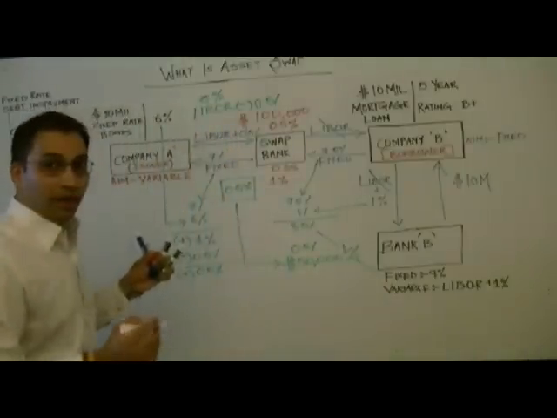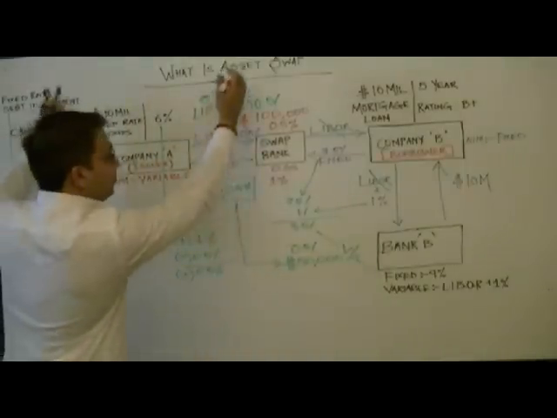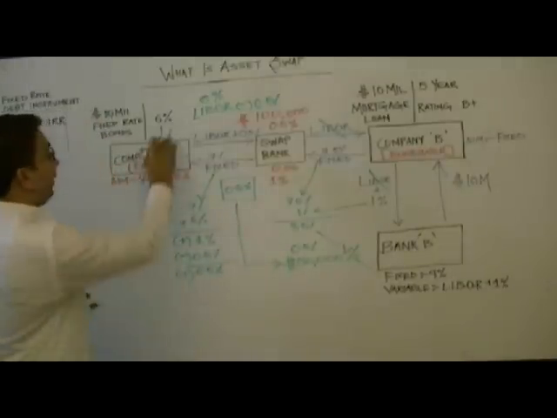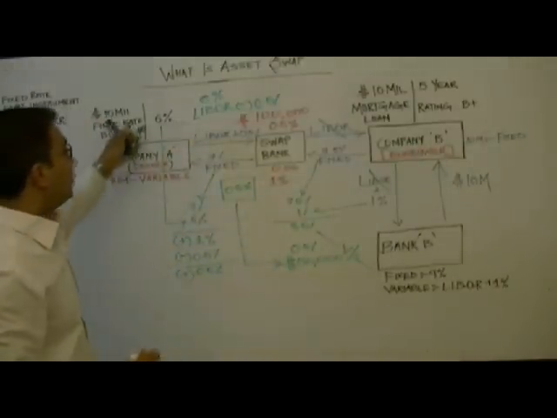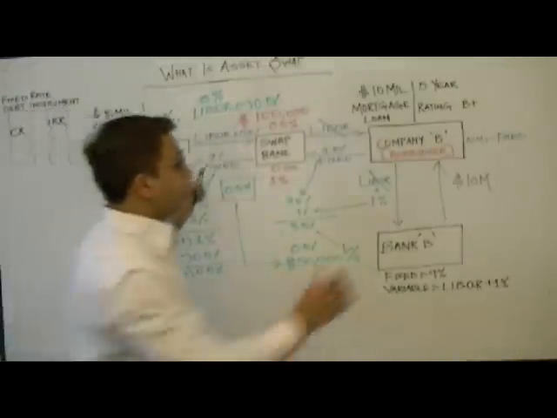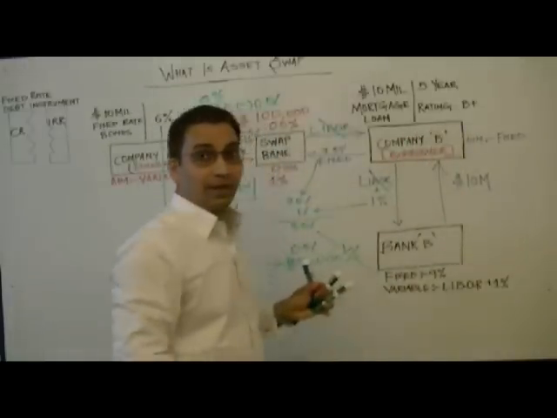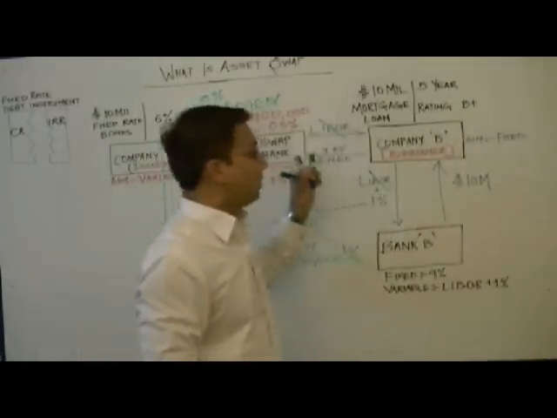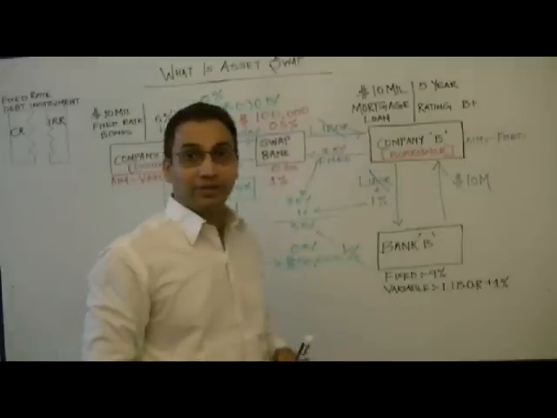If you consider this part of the transaction, it is an asset swap where a fixed interest rate has been swapped with a variable interest rate, and this part you can consider as an interest rate swap where an interest rate has been swapped with another interest rate.